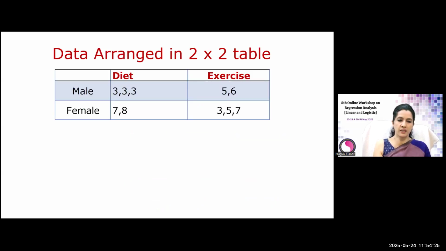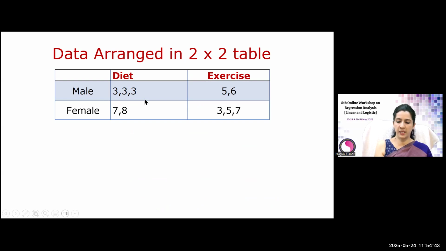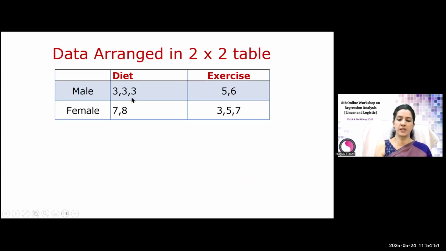So all the males, 3, 3, 3, these are the values in the diet group, and in female it is 7, 8. In the diet group, there are 3 males all having a weight loss of 3, 3 and 3.